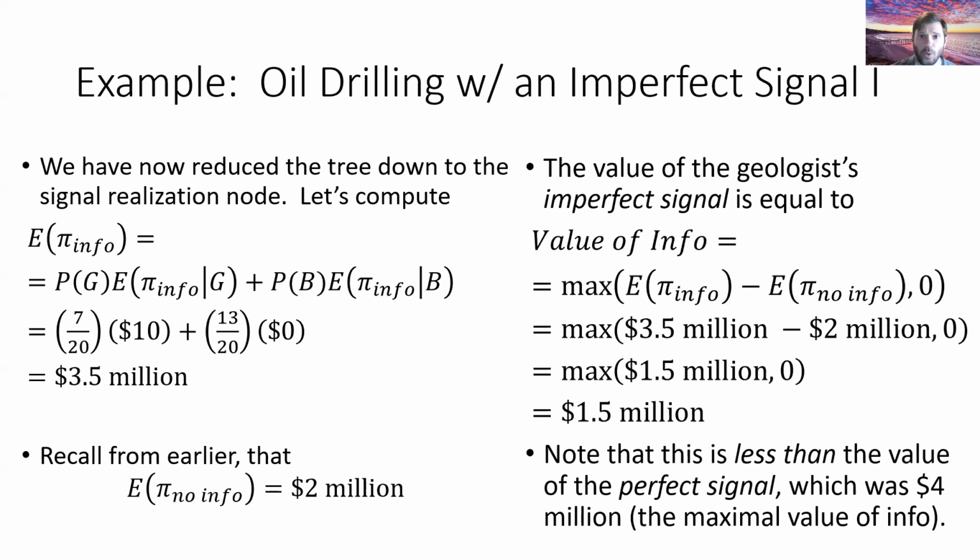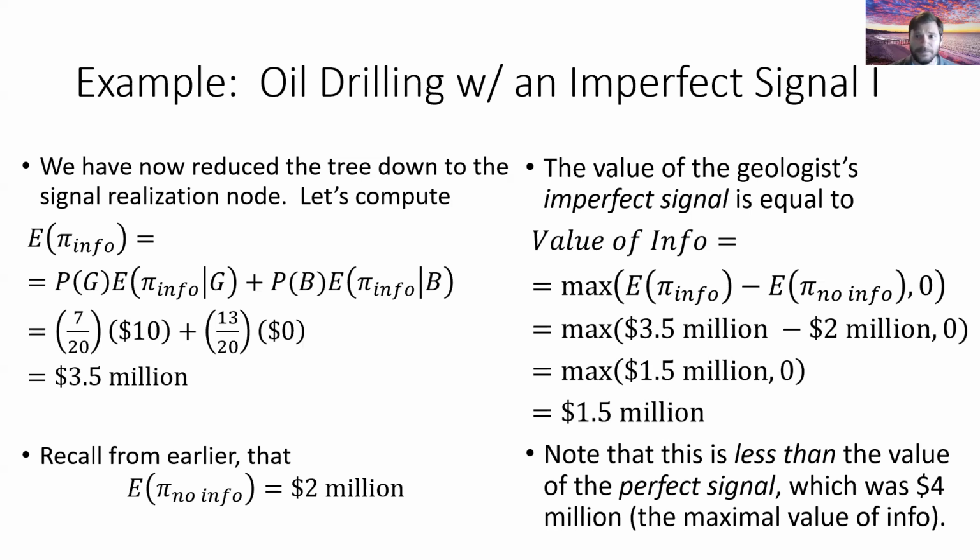So we were able to compute the value of a perfectly informed signal in the last segment. We now looked at perturbing that, changing that relative frequency data, where we didn't change the frequency of oil in the ground. We just changed how good that geologist was at identifying it being there or not. And we saw that despite the signal being imperfect, it was still valuable.